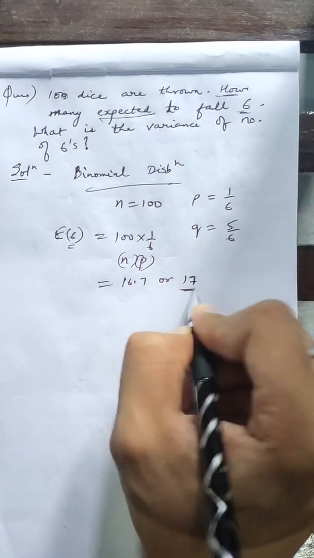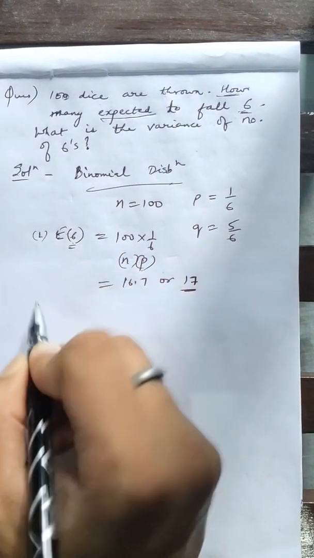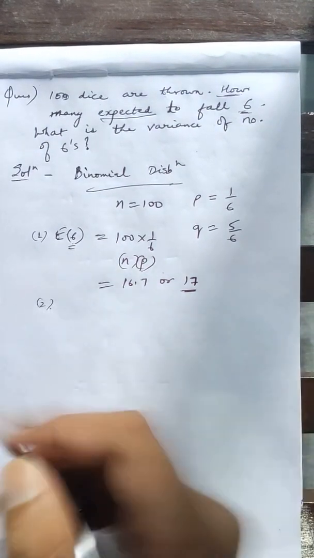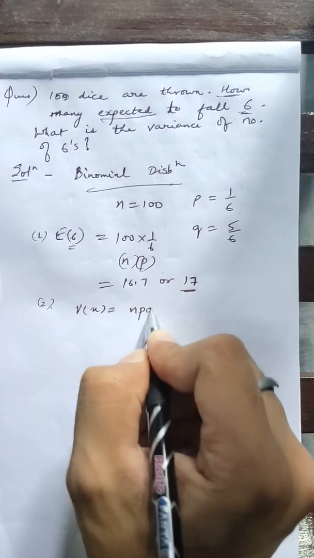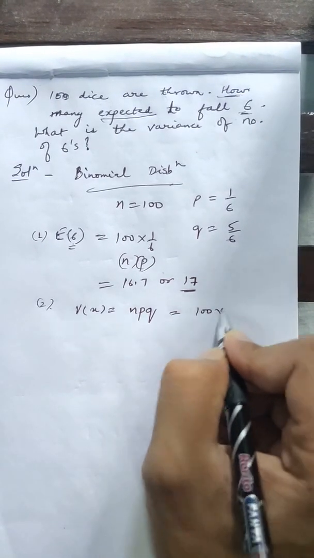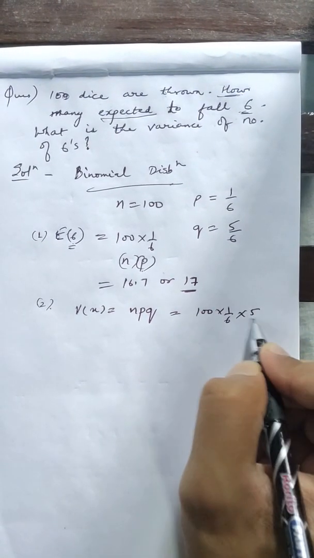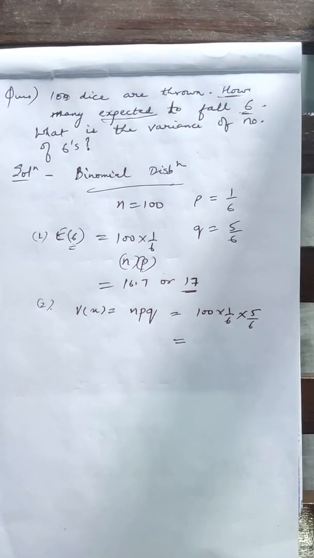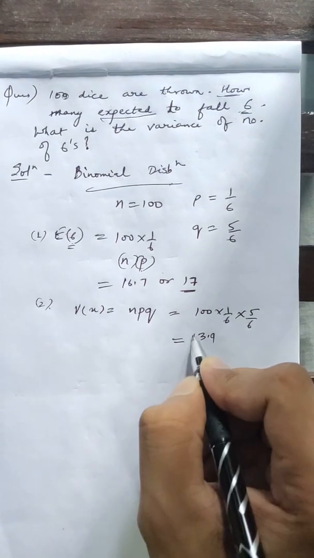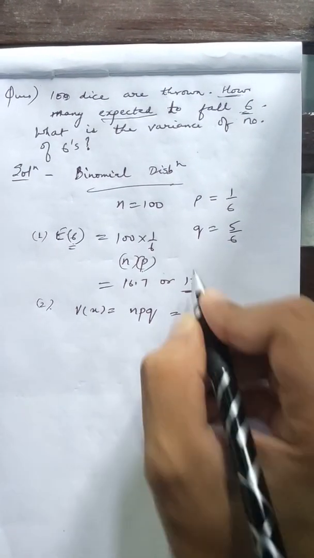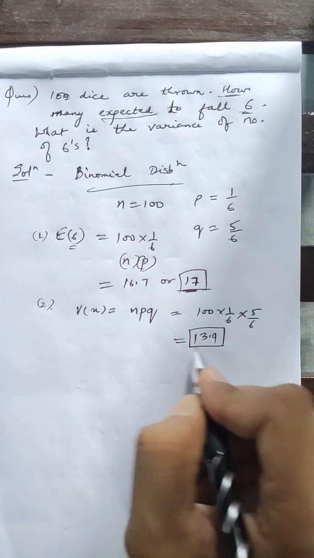This is the answer of the first part. Let's talk about the second part. What is the variance of the number of 6s? Variance of X is equal to NPQ, 100 times 1 by 6 into 5 by 6. This value comes out to be 13.9. This is the second part answer.